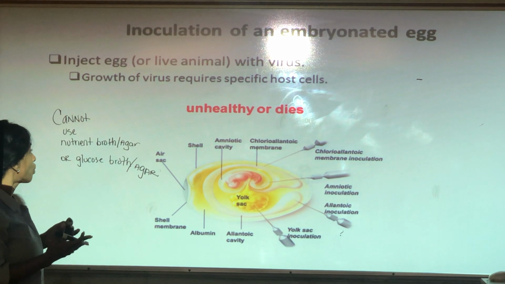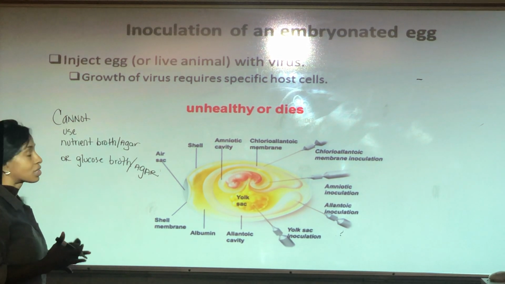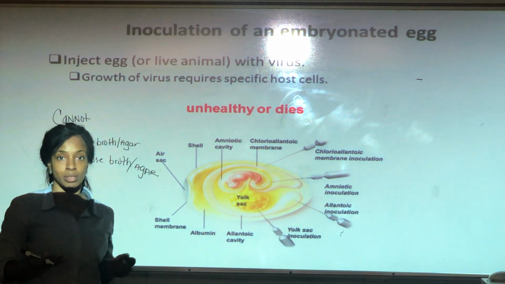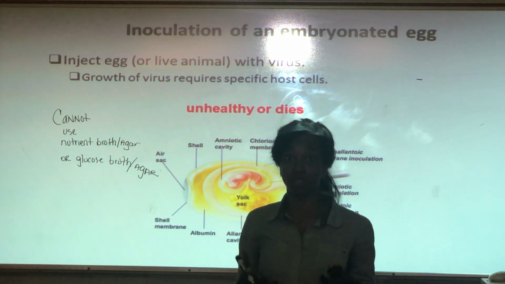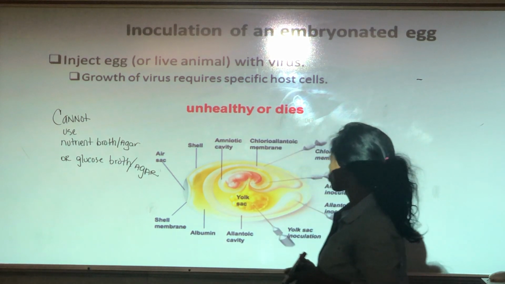So how do we grow them? In order to grow viruses, we need host cells, right? We have to provide them with their specific host cells in order for them to reproduce.